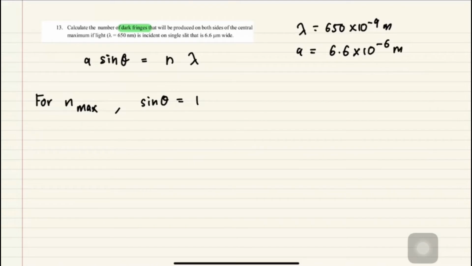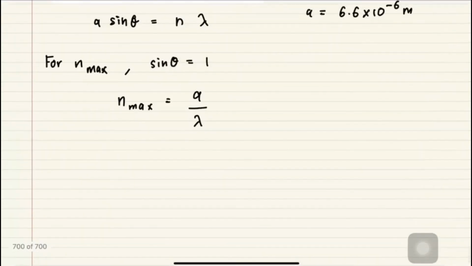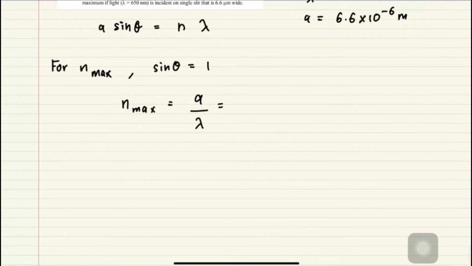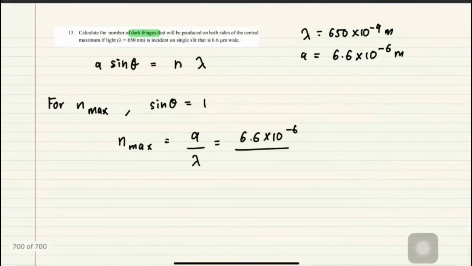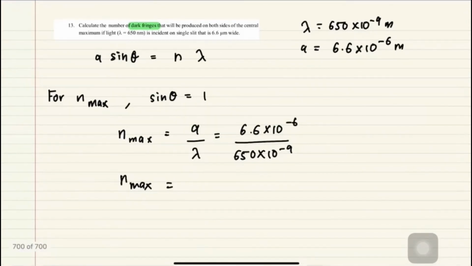So basically you can write down the formula. N max is equals to a over lambda. So a here is 6.6 times 10 negative 6. Lambda is equals to 650 times 10 negative 9. So n max tu sama dengan apa ni? 10.15.